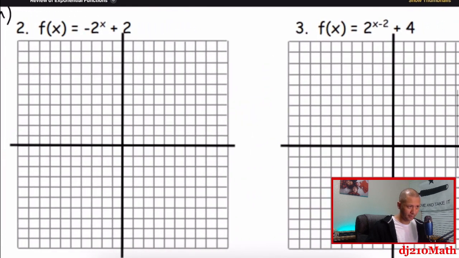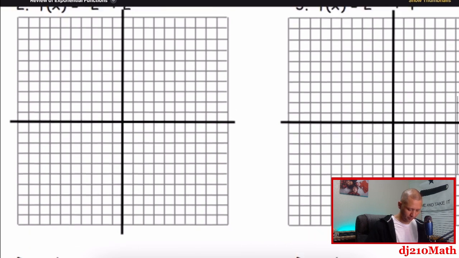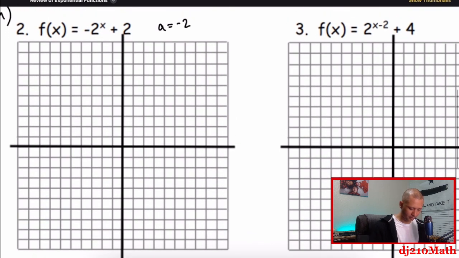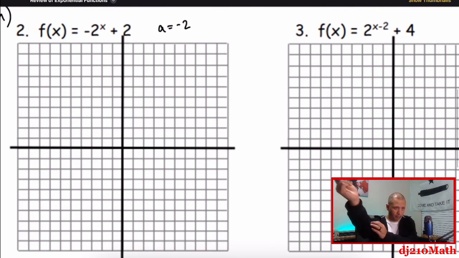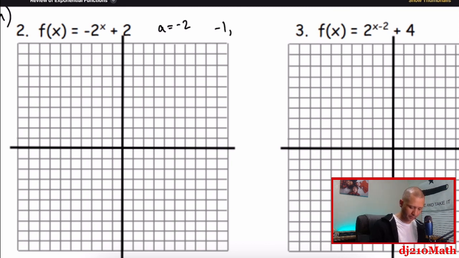So you could think of a as -2. If a is -2, then we use our critical points with this. So this is going to be -1, 1 over -2.